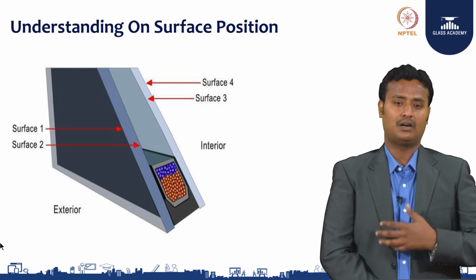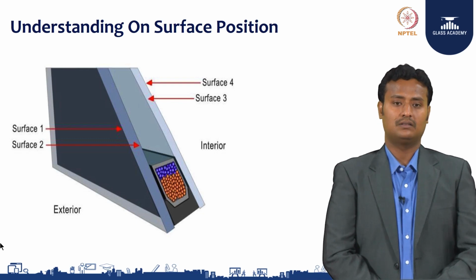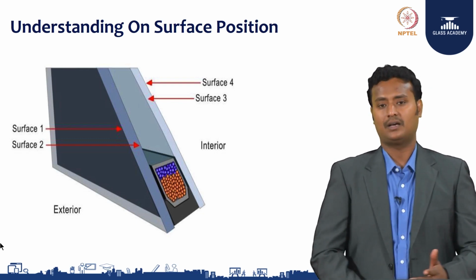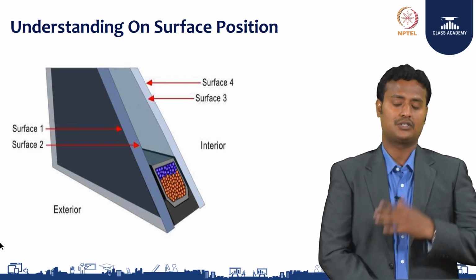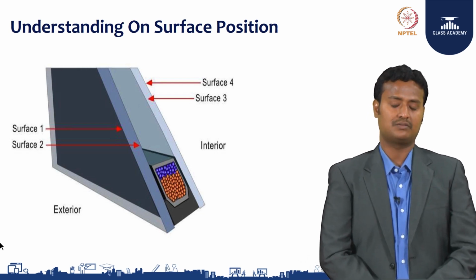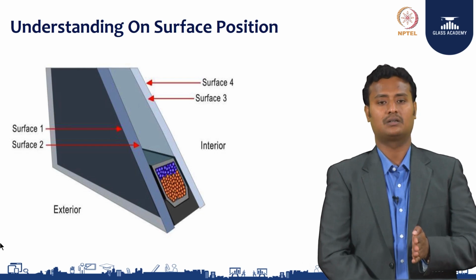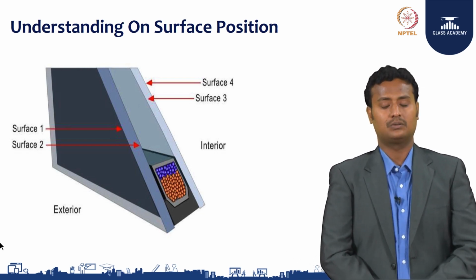If we do not understand this properly, then our glazing will be different altogether. At the time of installation at the site, you will have shade variations because the proper surfaces were not followed, meaning we did not understand which coated face is going to face which location. So we will have to understand.